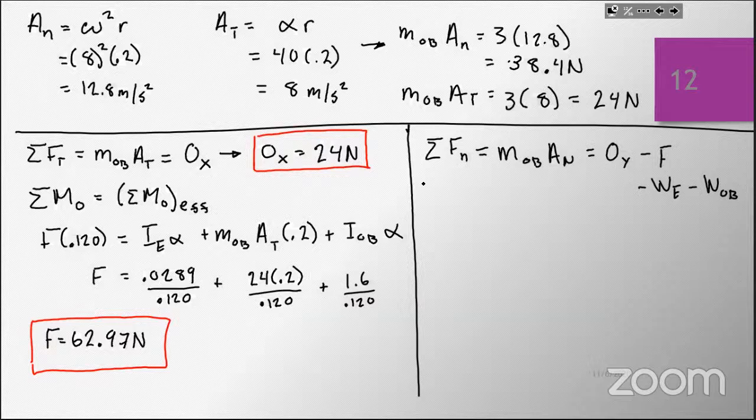The good news for us is we know F, we know the weights, and we know M_OB times A_n. So we're just plugging and chugging again. We can solve directly for O_y. So O_y is just M_OB A_n plus F plus the weight of each of my components.